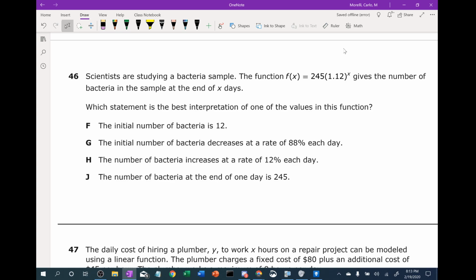Okay. Can you tell me, Jasmine the noob, what does 245 represent? This is an exponential. So remember, we have y equals a open parentheses b close parentheses raised to the x.